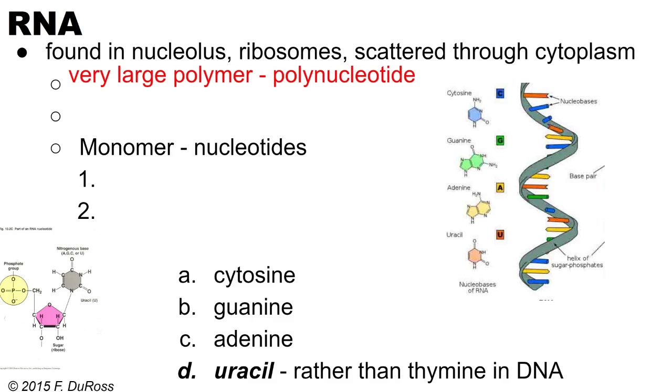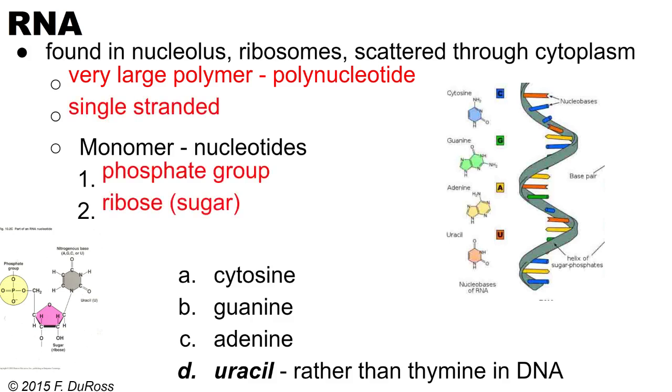Okay, so first off, RNA, like DNA, it's a large molecule. Like DNA, it's made of nucleotides, which have a phosphate, a sugar, and a base. The sugar is a little bit different, though. The sugar that was in DNA was called deoxyribose. The sugar that's found in RNA is just called the regular ribose.